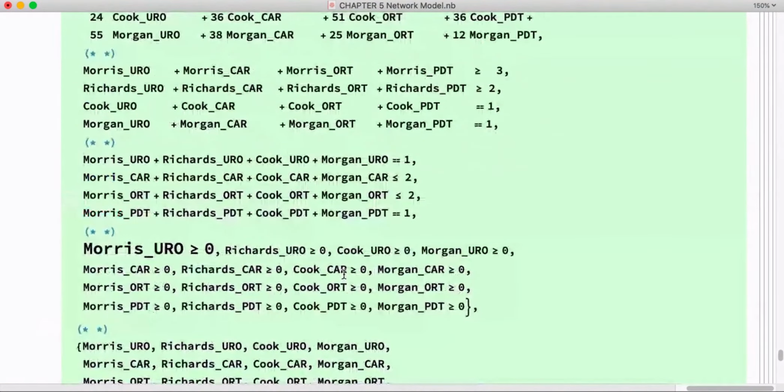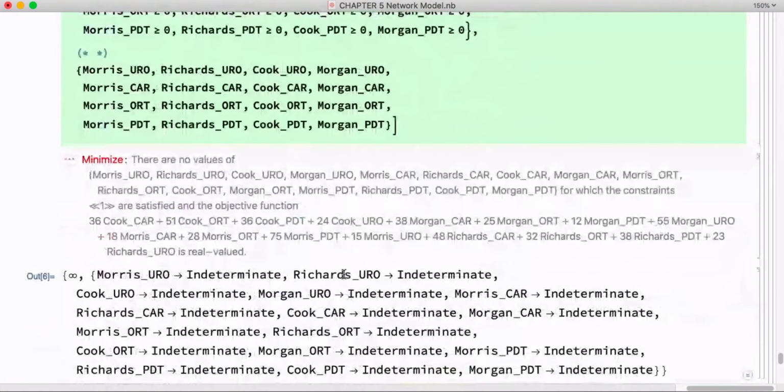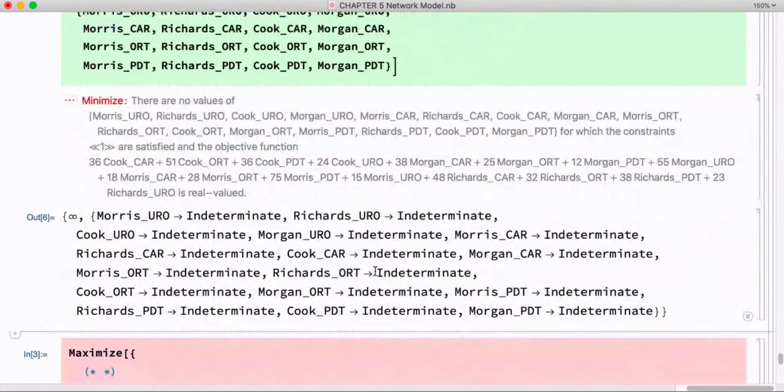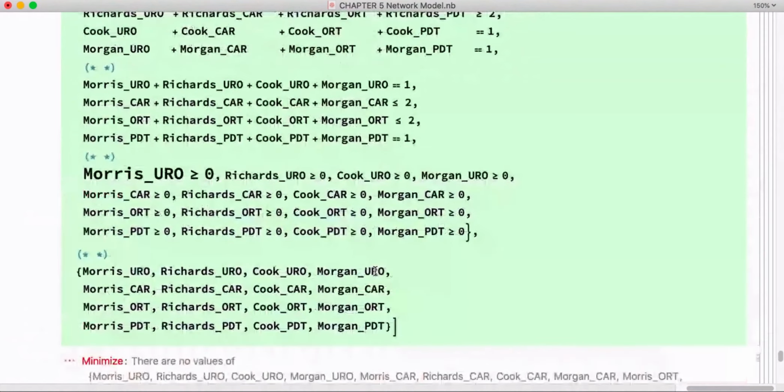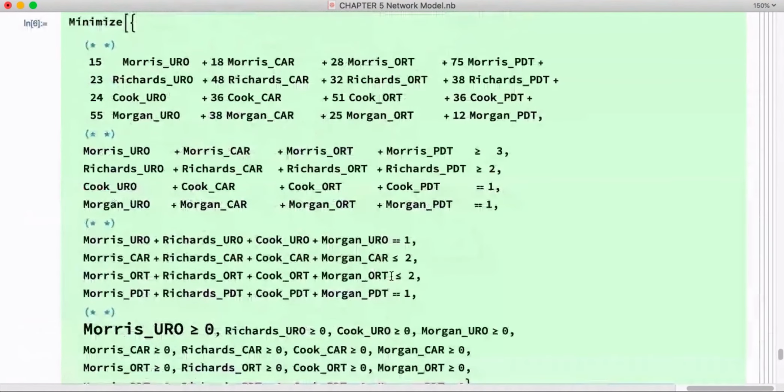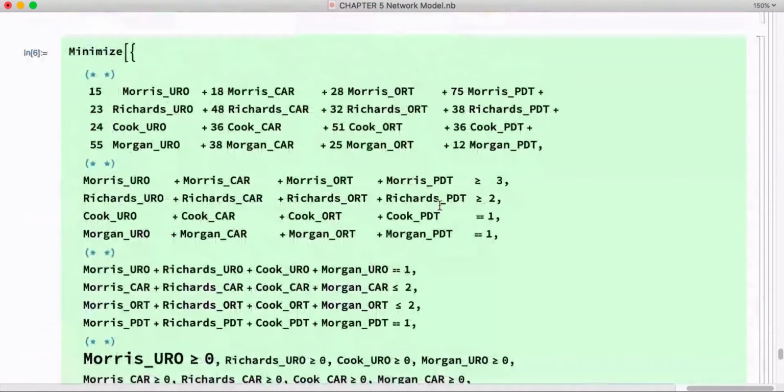Do we get a solution? No. You go back to your notes, and you look at your notes, what do you need to do? When you want to have minimization, what do you need? Greater than or equal, or less than or equal cases? Less than or equal.